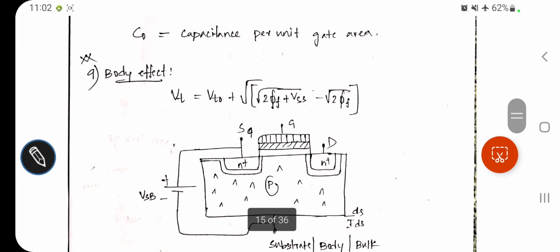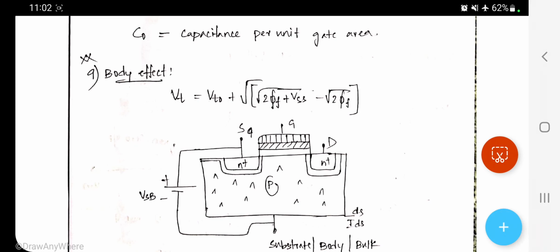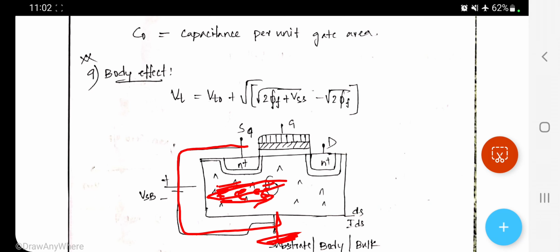Now another topic related to threshold voltage itself is body effect. What is body effect? Generally the source and the fourth terminal are connected and at ground potential, that is 0: substrate, body or bulk and source. But because of the external temperature, some electrons move randomly in the P substrate, and as they increase, that gives rise to some flow of current inside the substrate, and this P substrate itself gives some distributed resistance.